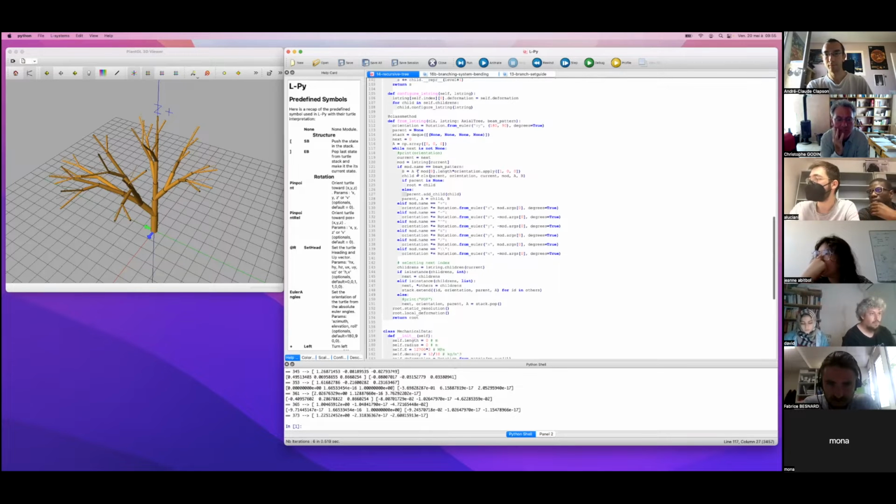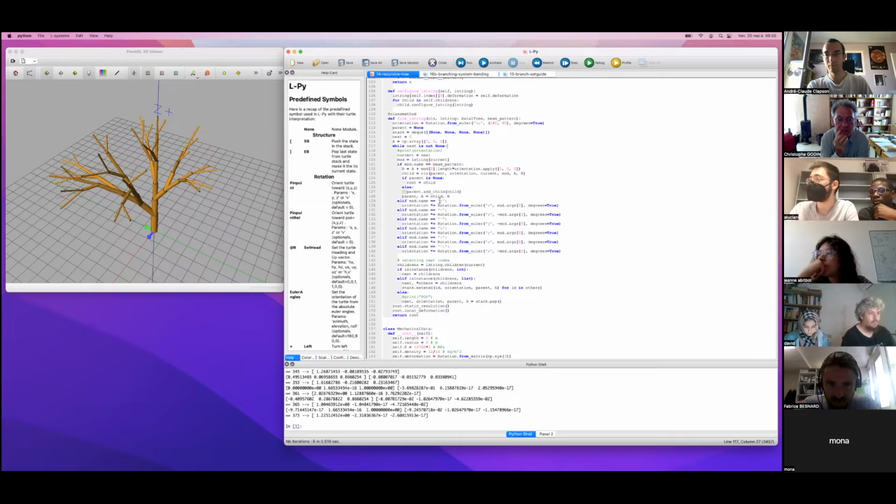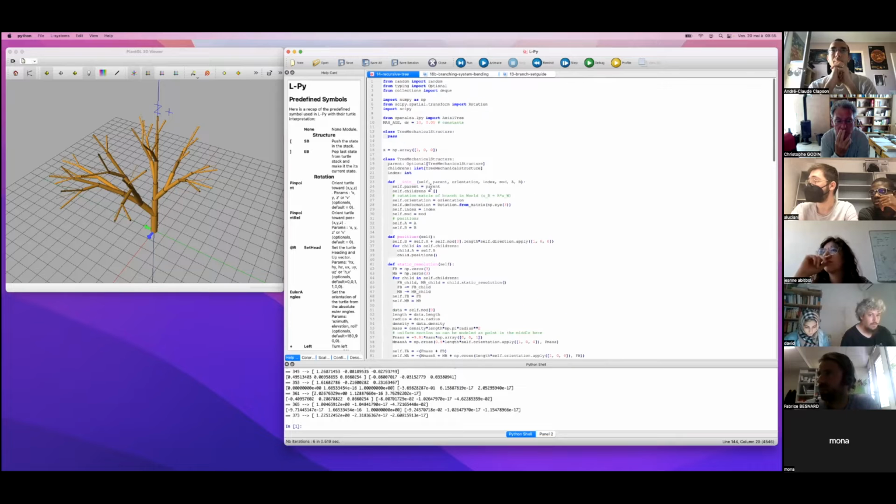I won't go into detail, but I'm looking for the beam pattern, the internodes and rotations. As I move along, I update the rotation matrix of the branch inside the world frame, and I create children, which are what I call the tree mechanical structure.